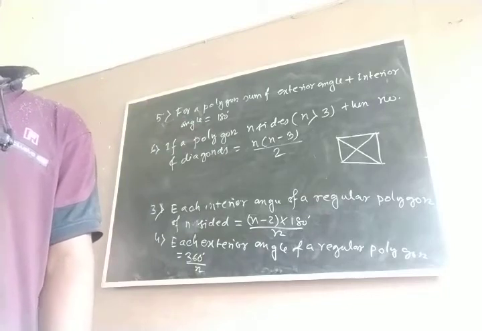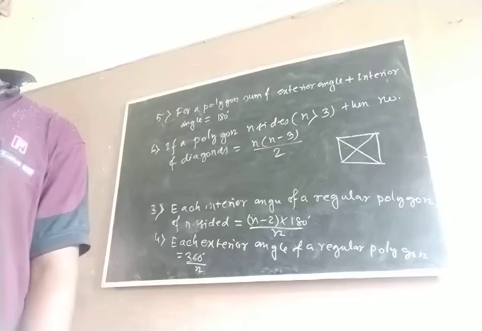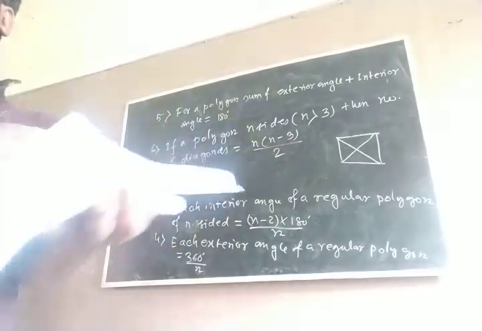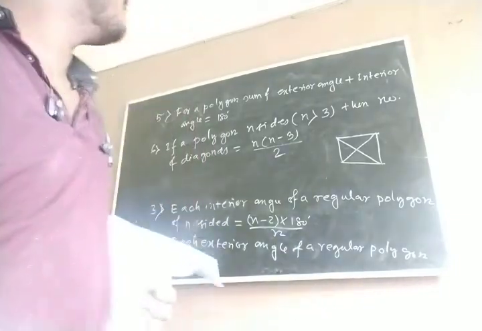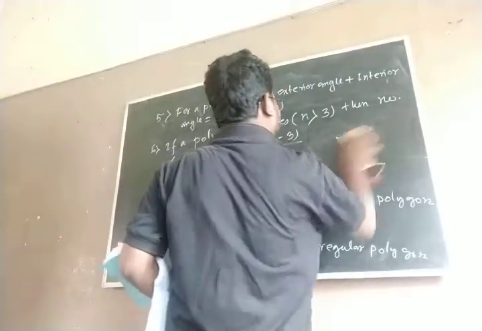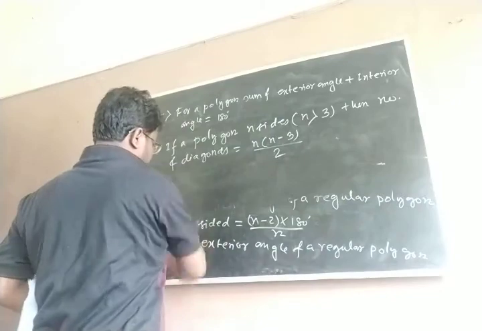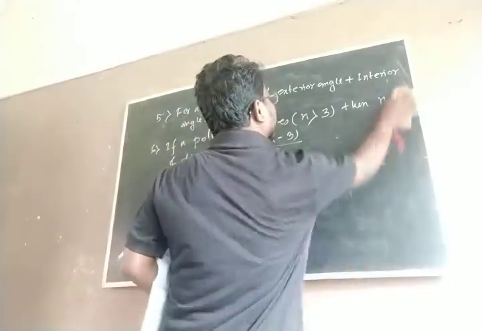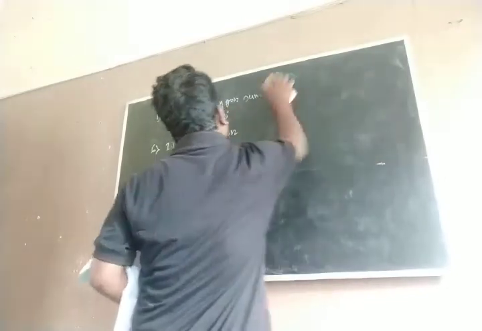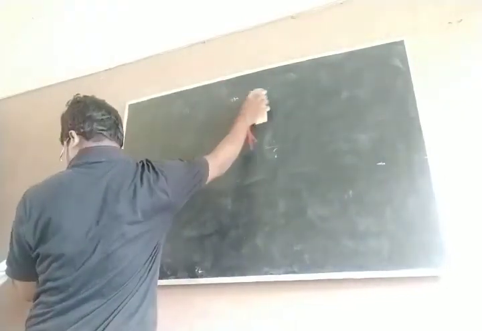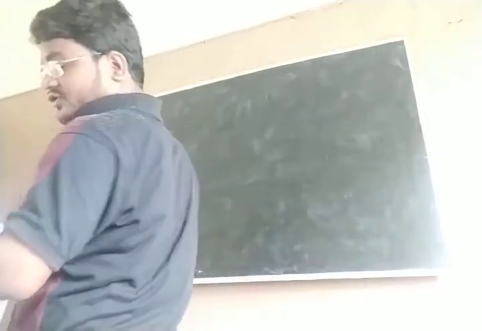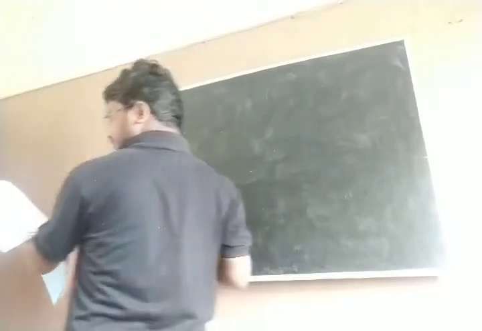How many diagonals does each of the following have? 2b, I will do 2b. Hexagon means how many sides? 6 sides. So n equals 6. Then use the formula of number of diagonals.